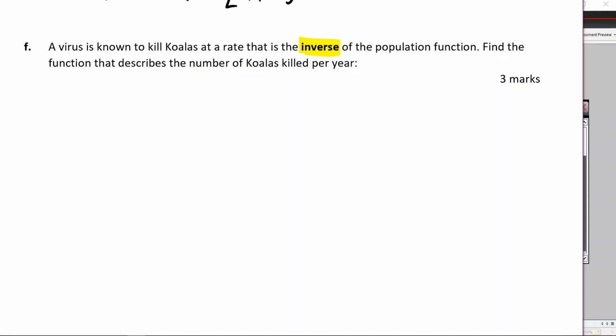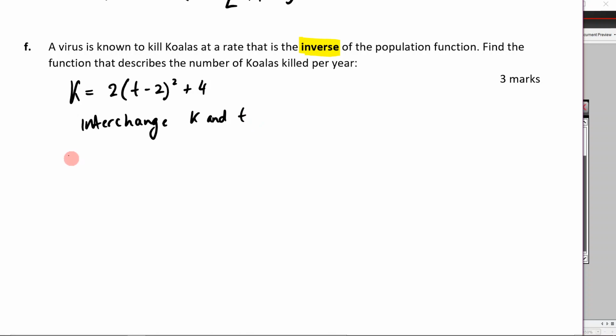So let us grab our pen, and what we're going to be doing here is we're going to be finding our inverse function of what we've been given. So in other words, we're starting with this, k is equal to 2t minus 2 squared plus 4, and we're going to be finding the inverse of that. So that means we're going to interchange or swap k and t.